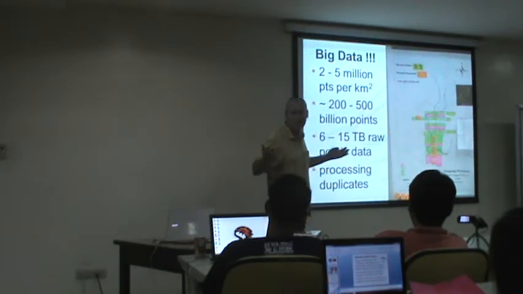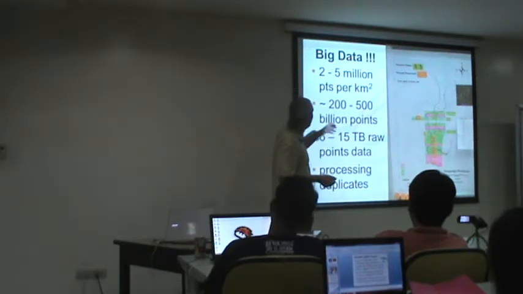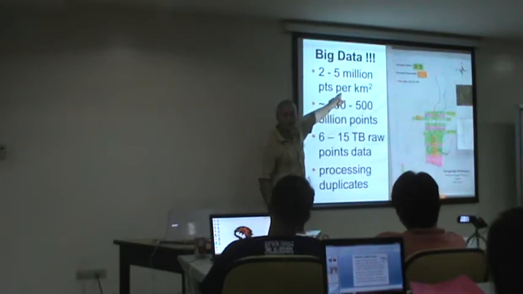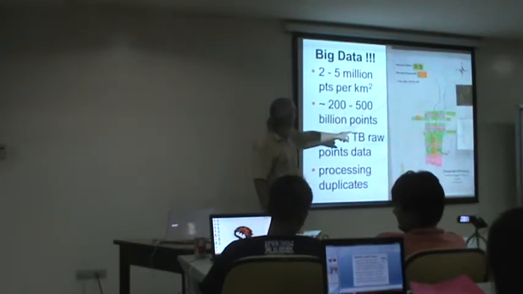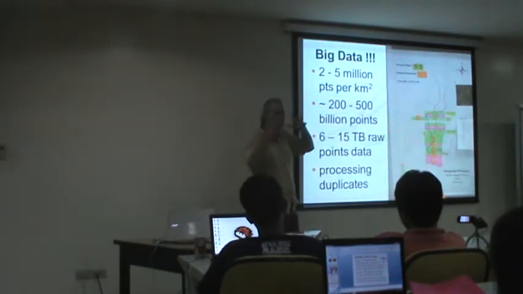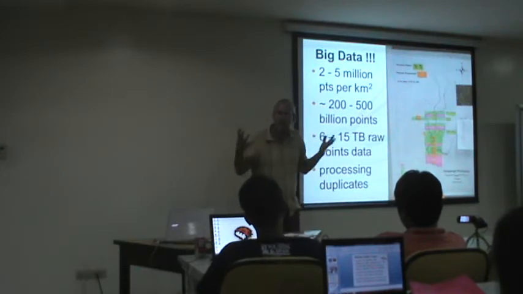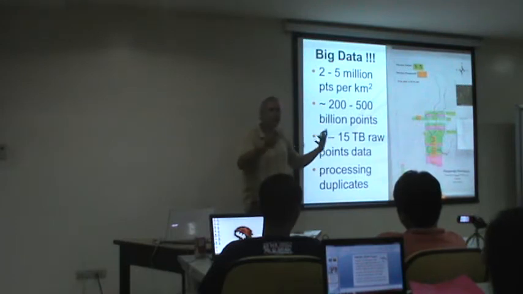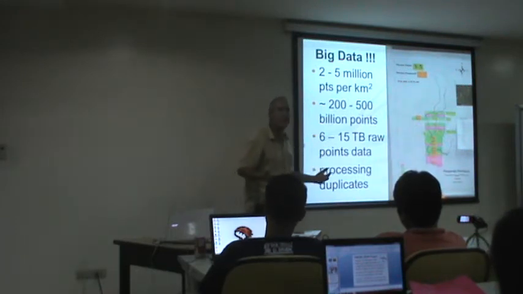I mean, whatever could give you a LiDAR return. So that means you get about this many million points per square kilometer. And if you look at the amount of square kilometers you want to process, this is a lot of points. So many points, it's hard to even think about how big this number is. This is a lot of raw data, and then when you process this, typically you make duplicates of the data as you do so.